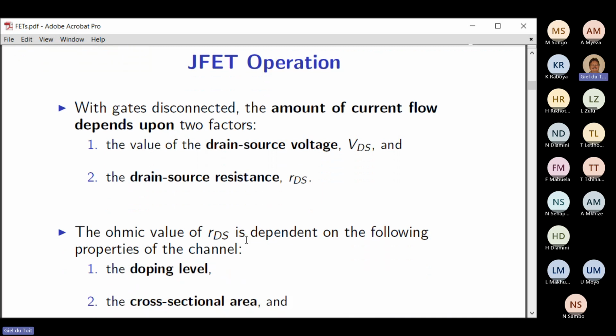Right, the operation. With the gates disconnected, the amount of current depends on two factors: the value of the drain-source voltage and the drain-source resistance, RDS. So there is a resistance between drain and source over that channel, and we must remember that.